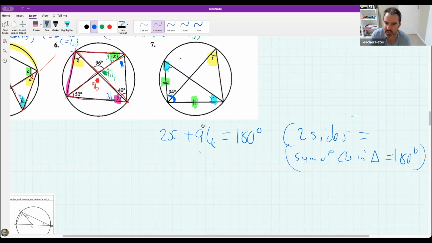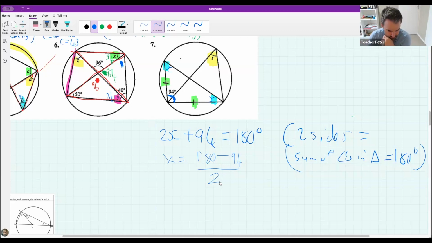So those are the two ideas that you're using. That means that my x is going to be 180 minus 94, divided by 2.